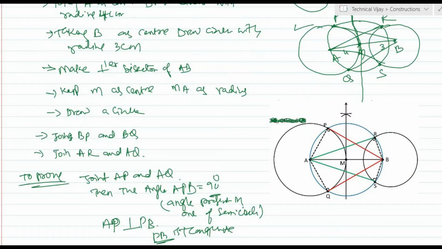In the same way, AQ is perpendicular to BQ, hence BQ is also a tangent.